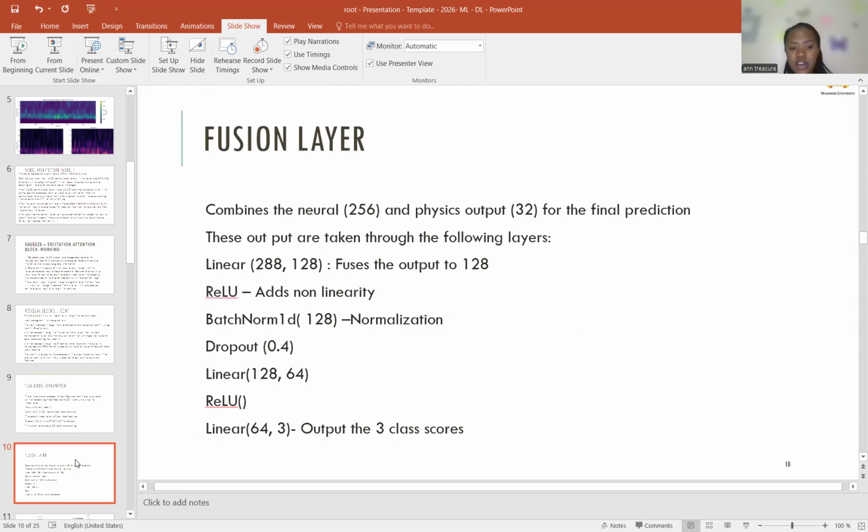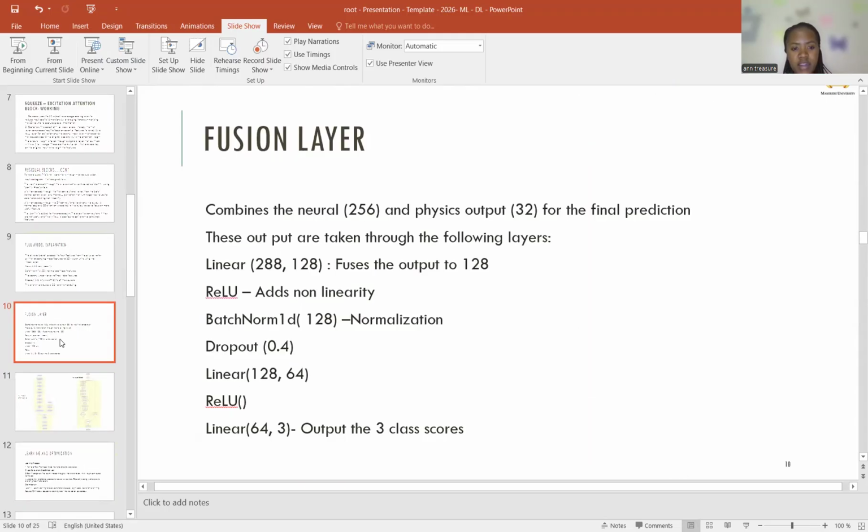The ReLU will add the nonlinearity, and then when we reach the final linear layer, these features will be reduced into the 3 class scores, after going through each of these steps: the linear, the regularization, normalization, dropout. So at the end, we have 3 class scores.